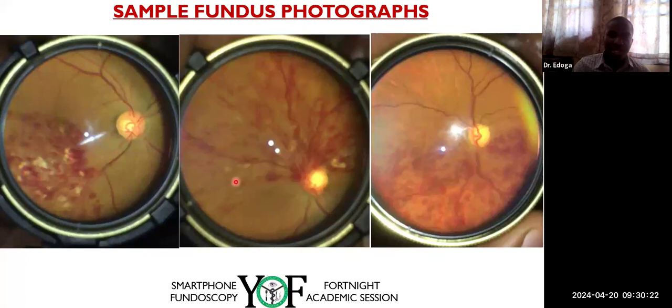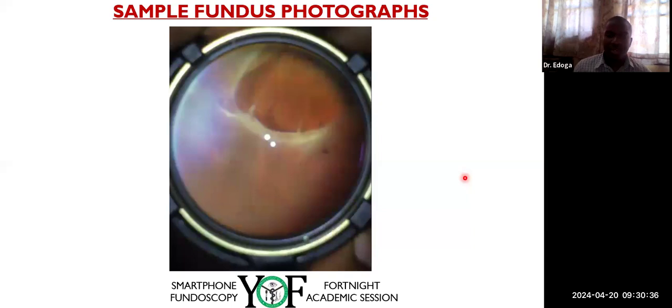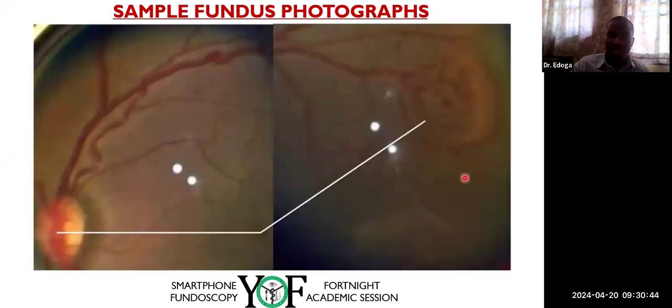You can also see a superior hemiretinal vein occlusion in the left eye, and I can see an inferior hemiretinal vein occlusion in the left eye. So you can also image retinal tears. So this is a retinal tear that is up to 3 clock hours.